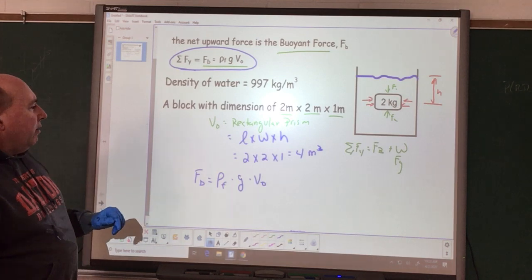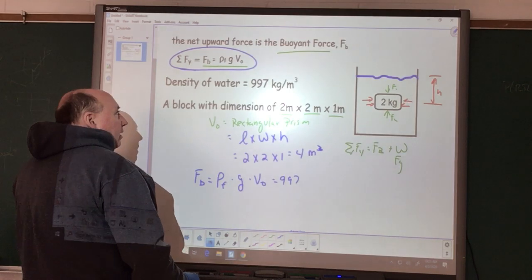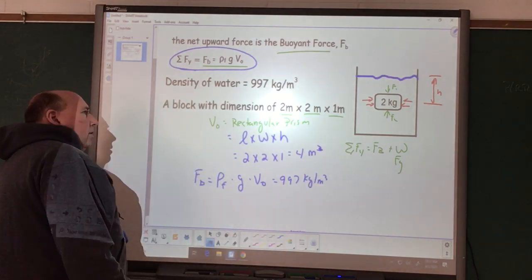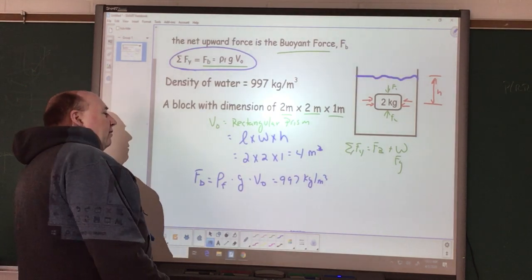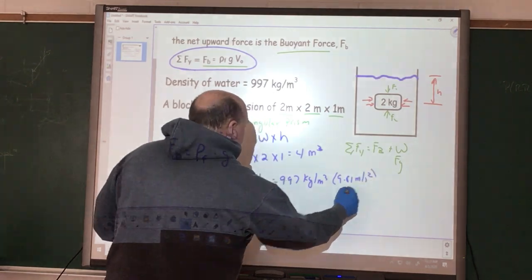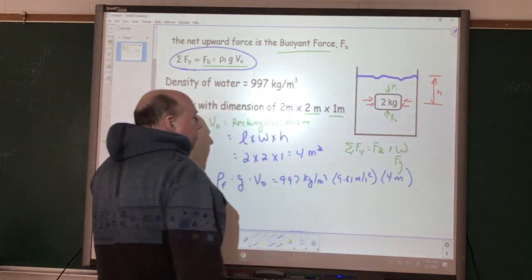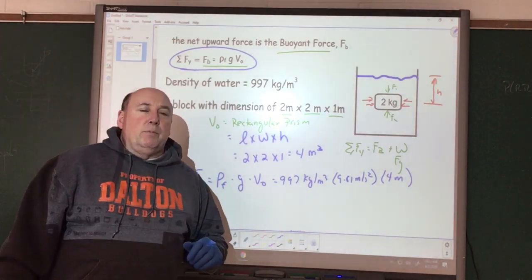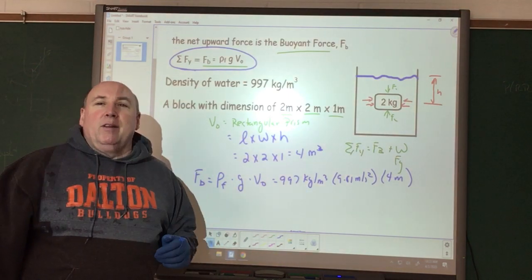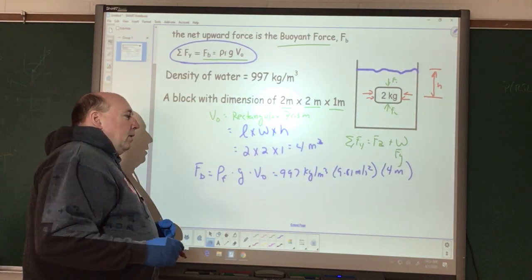So if I look at my buoyant force, I have 997 kilograms per meter cubed, we have gravity, which is 9.81 meters per second squared, and we have the volume of this object, which is 4 cubic meters. Now I know right now I'm going to have to change my volume or my mass of this object because the buoyant force is going to be greater than the mass of the object. So we'll make some adjustments up here.